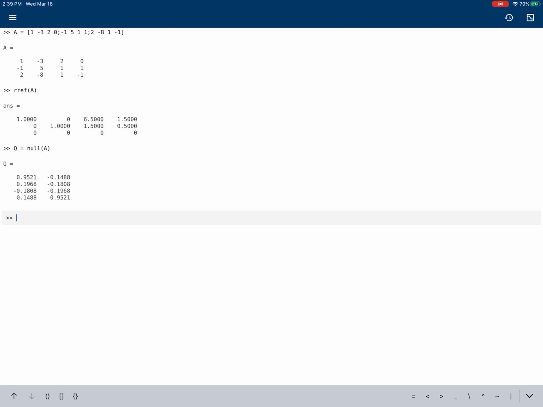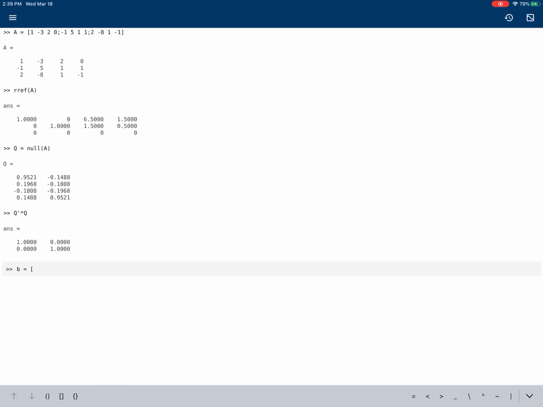I can actually compute, let's call this Q, an orthonormal basis for this kernel. And you can double check Q transpose times Q is indeed the identity matrix, at least numerically approximately. So we have a basis for the kernel here.